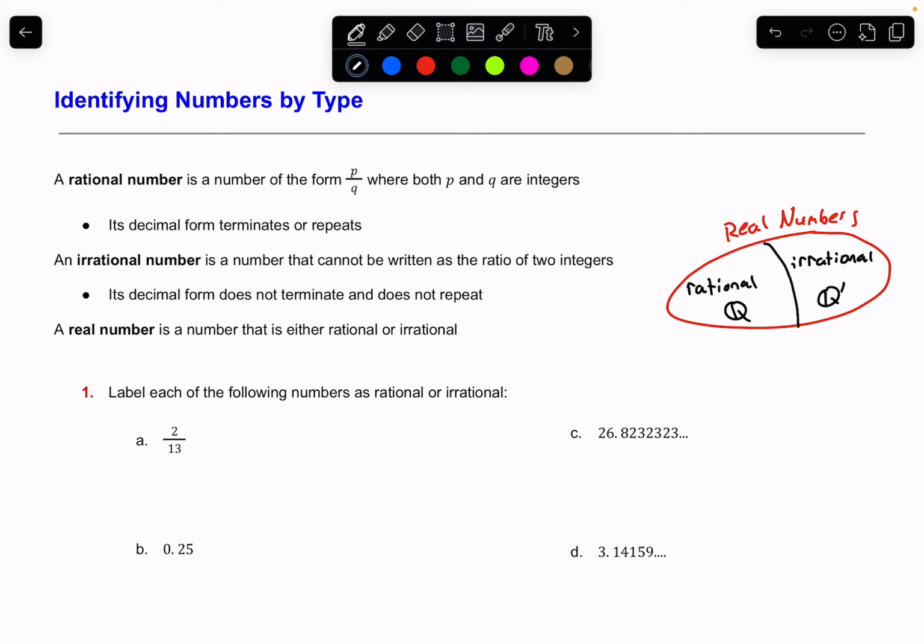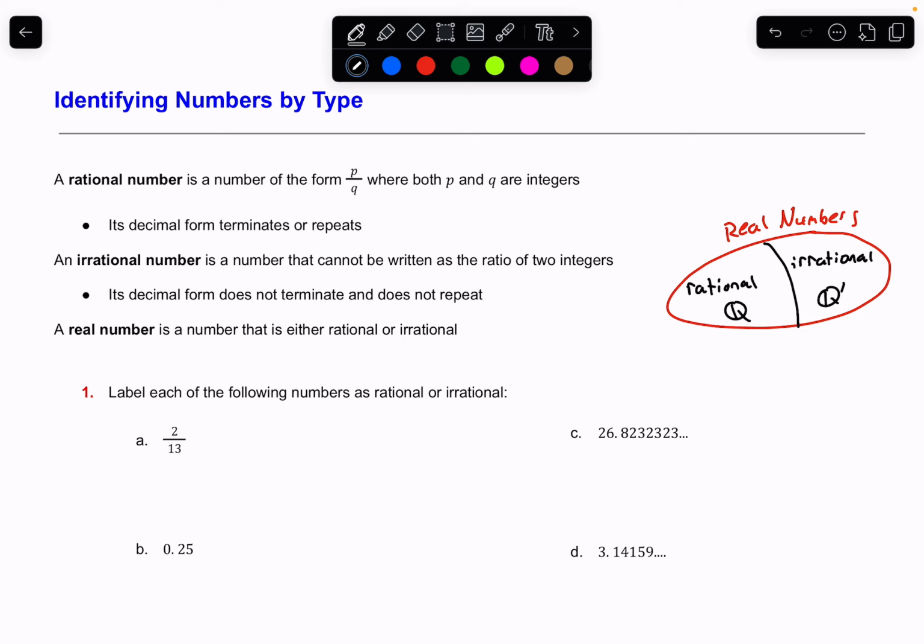Okay, so as you can see, the entire set of real numbers, that entire red oval, is completely taken up by these two groups. And so what I'm going to do right now is I'm going to define what a rational number is for you, but then the definition of an irrational number is just going to be the exact opposite definition, because anything that is not rational is going to have to be irrational. That way we make up this entire set of real numbers.